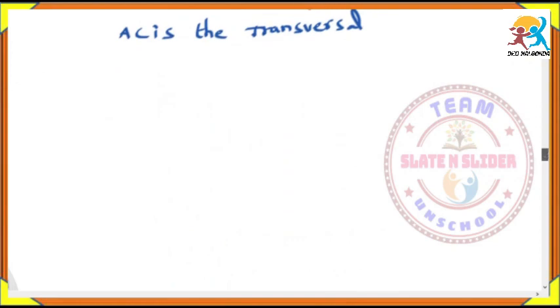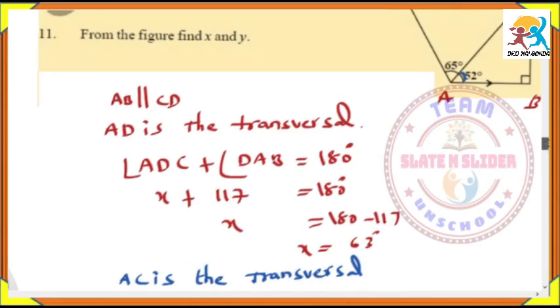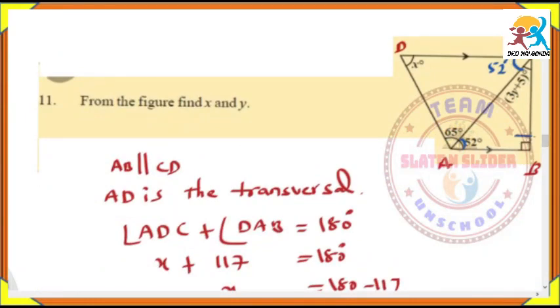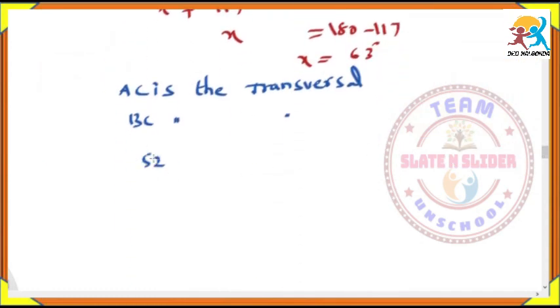So this angle and this angle, both the angles' sum should be 180. So if this is 90 and this is also 90, we can write 52 plus 3y plus 5 plus 90 is equal to 180 degrees.